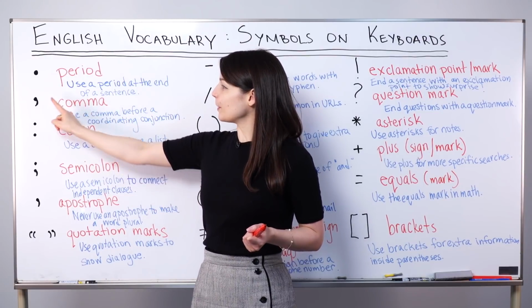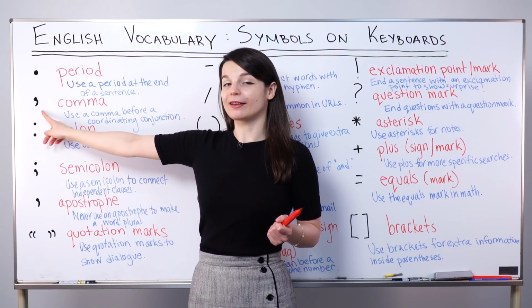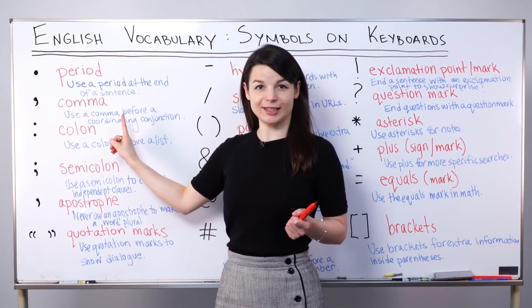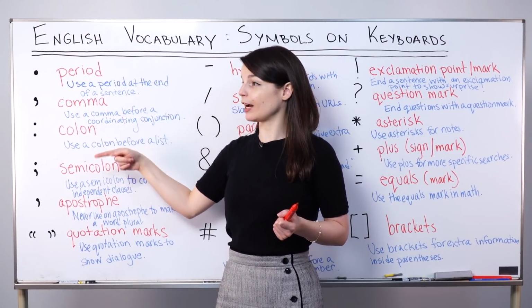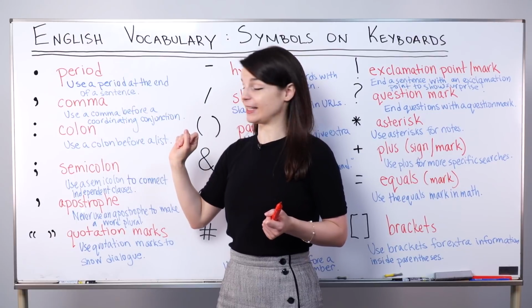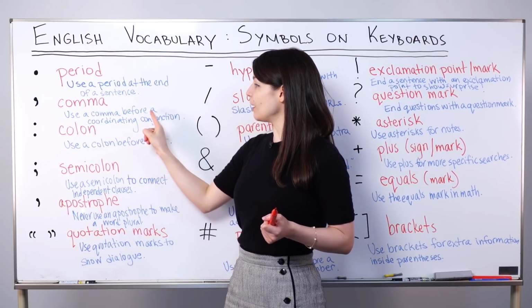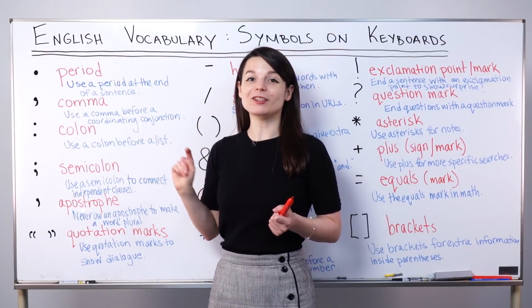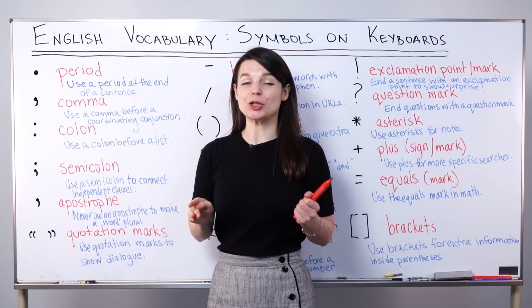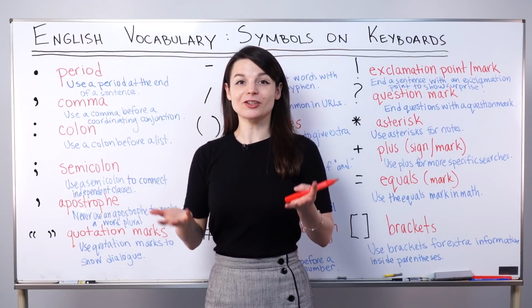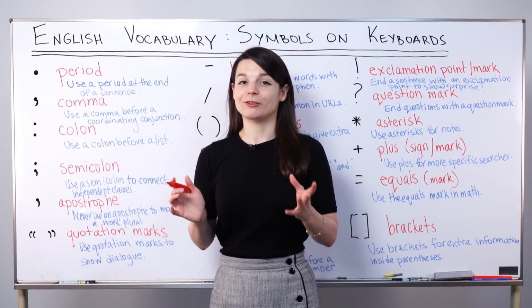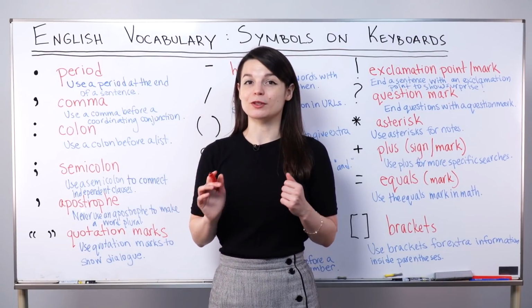Another very common mark is the comma, the comma. So commas are used in the middle of sentences usually, or they might come near the beginning of a sentence. We use a comma before a coordinating conjunction. So if you want to know more about exactly when to use commas, please search our English Class 101 YouTube channel or our website to find the video about how to use commas.